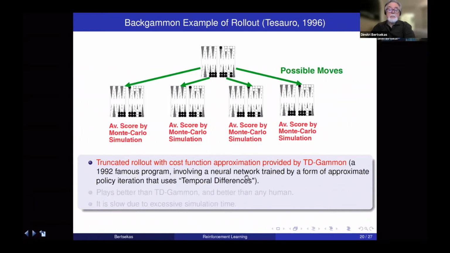So there was a neural network that was trained to generate moves at given positions and rolls, and that's the TD Gammon player, and it was used to roll out games for both sides. Also, because some of these trajectories to finish the game were kind of long, truncation was used at the rollout. And the truncation involved cost function approximation at the end, which was again provided by TD Gammon.